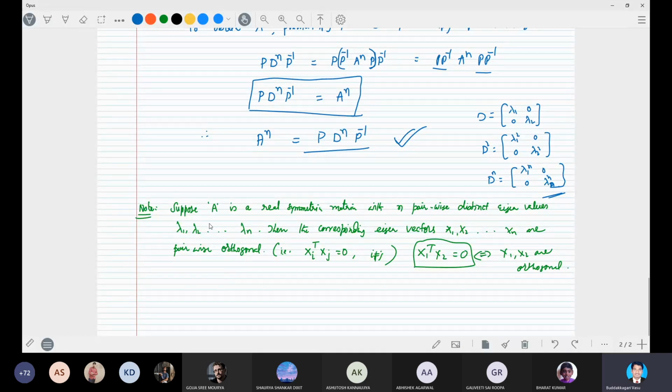So in such a case, you consider P is equal to, in this case only, P is equal to the matrix with the elements E1, E2, so on, En, where E1 is equal to x1 by norm x1.